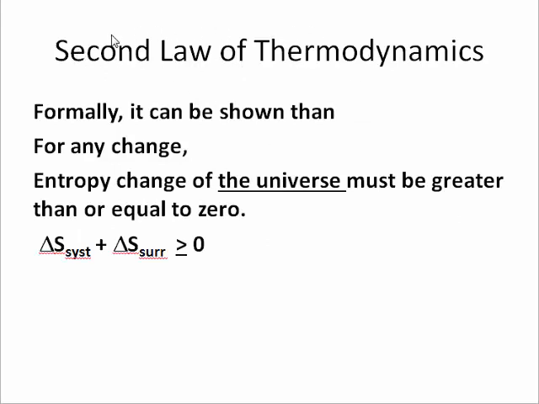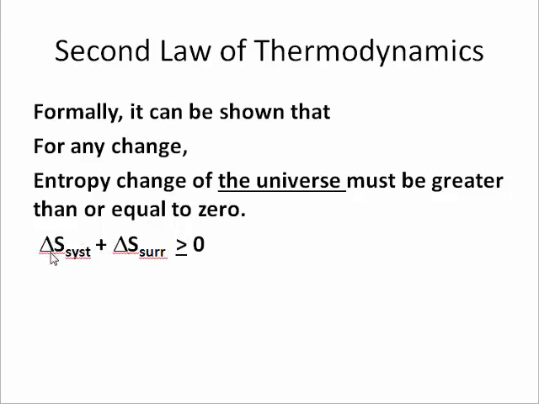Okay, now that we've talked about entropy, we can discuss the second law of thermodynamics. Formally, mathematically, it can be shown that for any change, the entropy change of the universe must be greater than or equal to 0.